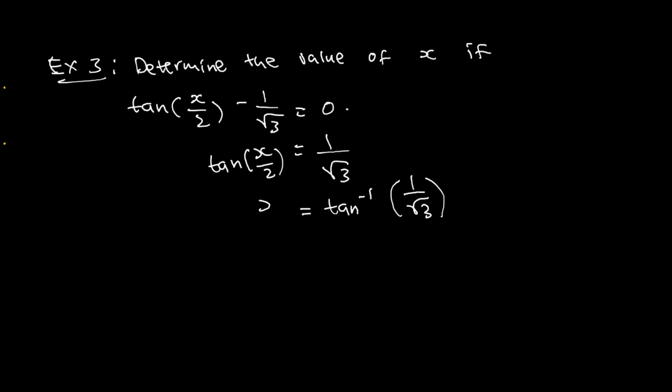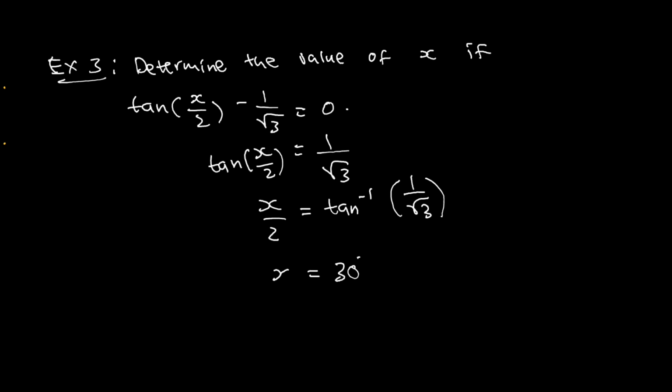This side you are left with x over 2. Now, when you punch arctan of 1 over square root of 3, what do you get? You get 30 degrees.